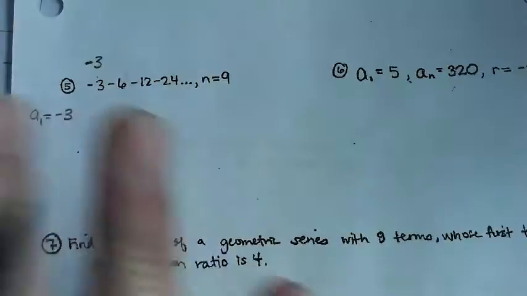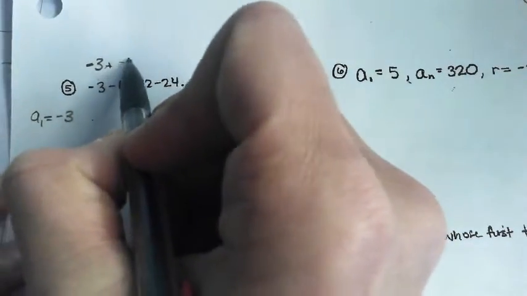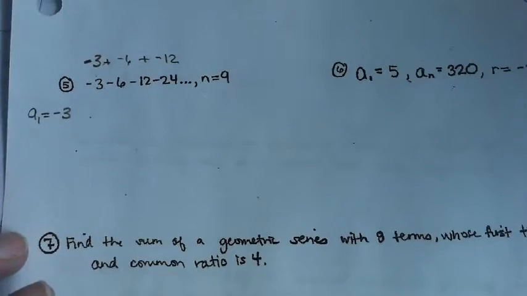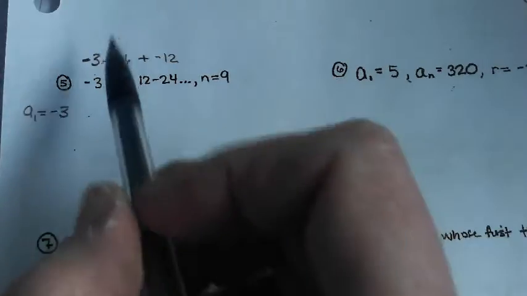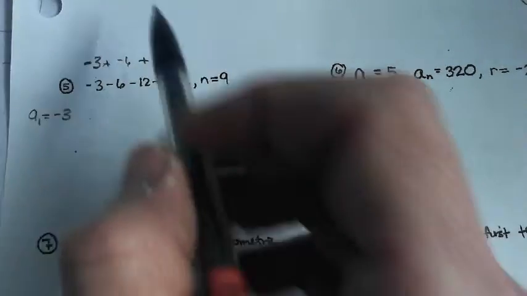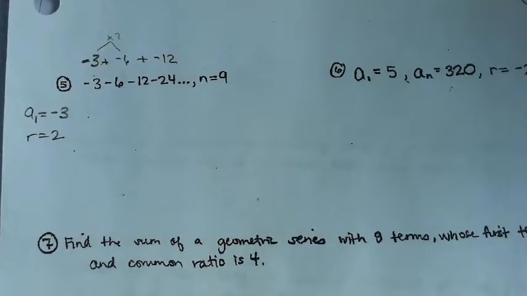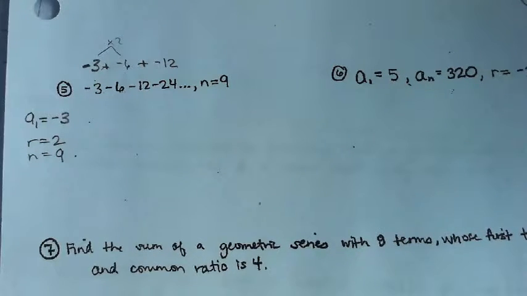For those of you who can't see it, what we're really doing here is taking -3, adding -6, then adding -12. Do you see that? So it's from -3 to -6 to -12. That's a times 2. So R is 2. N, they tell us, is 9. And I have everything I need.